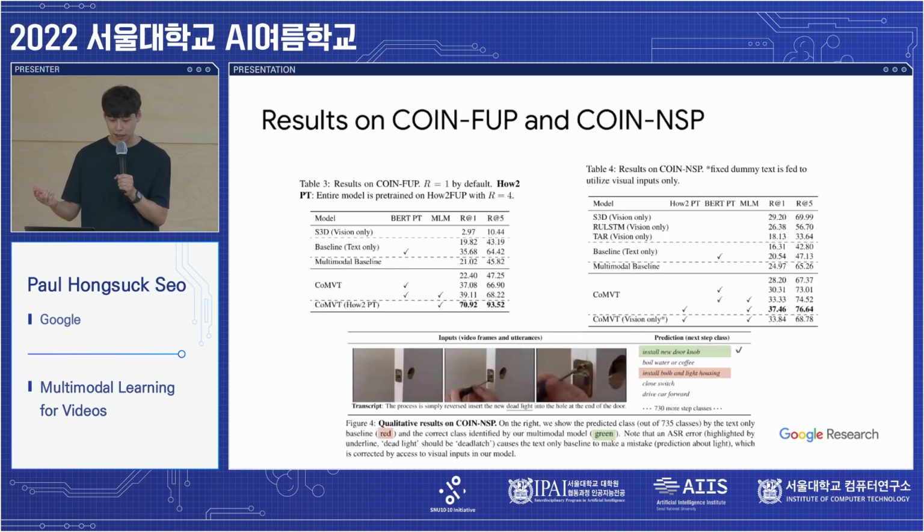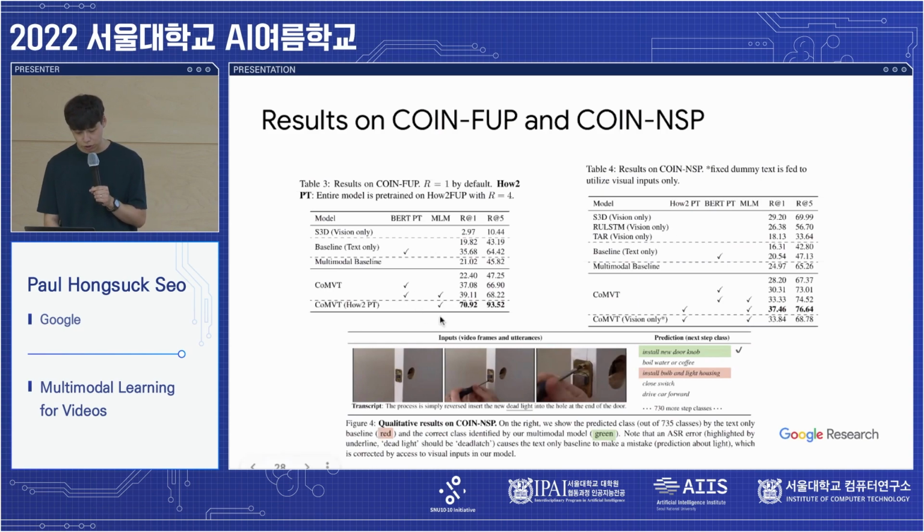When we tested on the CoinFOB dataset, we could see that the multimodal models sometimes underperform compared to the text-only baseline models. However, this happened when our dataset was very small. When we use small datasets, the results can mislead us, and we might reach different conclusions.